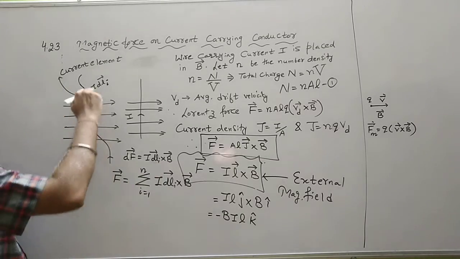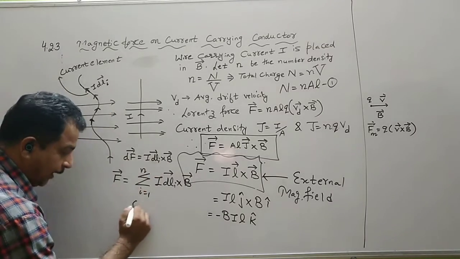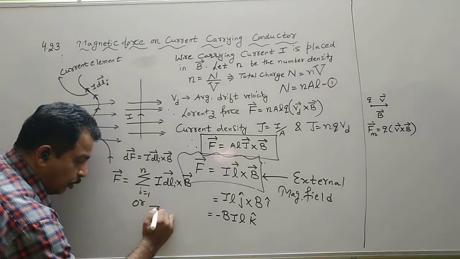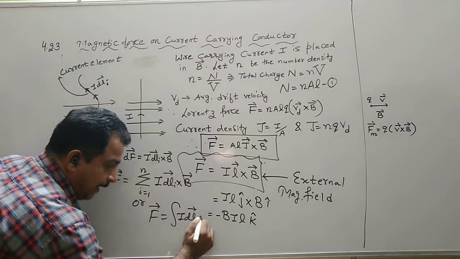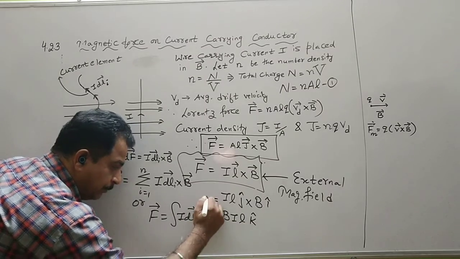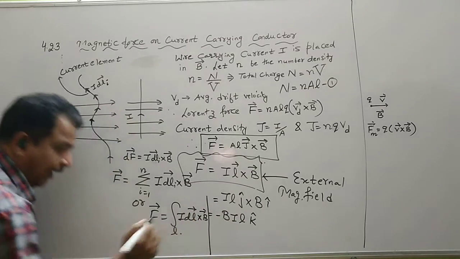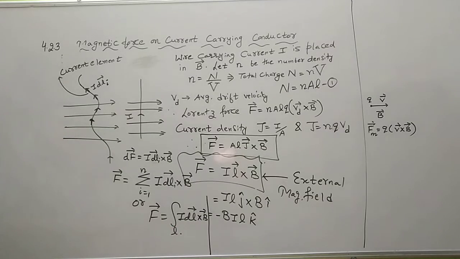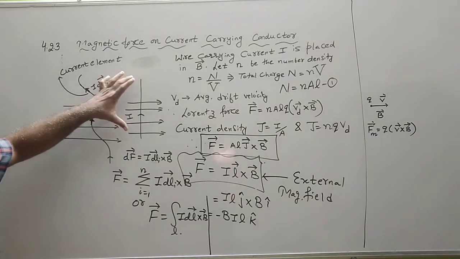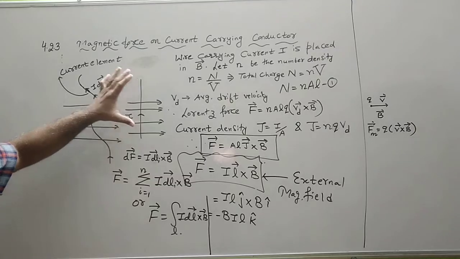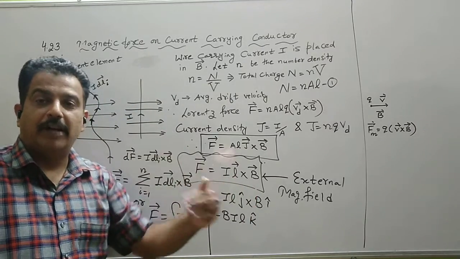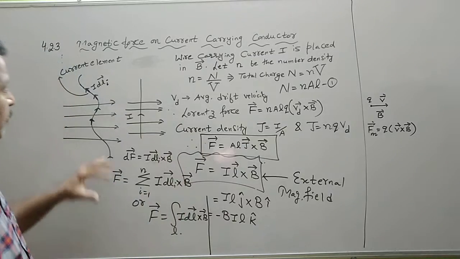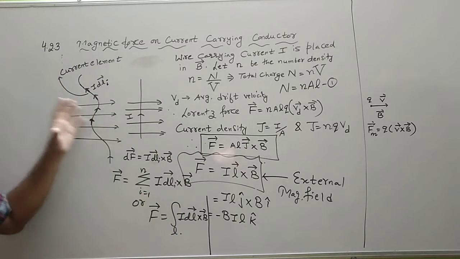And if i is running from 1 to infinity, then this equation can also be written in the integration form, that is the integral of I dL cross B vector, that is a line integration. So if the wire is a straight wire, we can directly apply the formula I L cross B. If the wire is of arbitrary shape, we divide this wire into small elements.